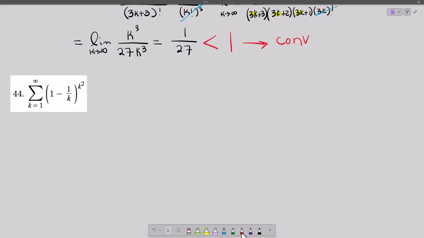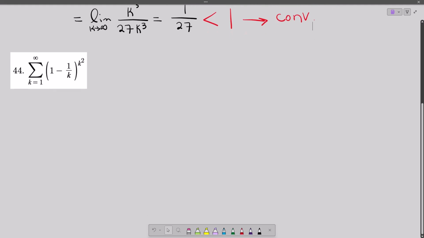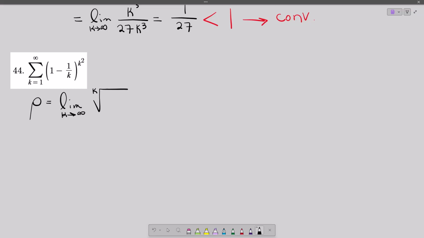But when we take the kth root here, let's use the root test. So the root test, they use rho for the root test, just to distinguish it from r for the ratio test. Greek letter rho, really. And we take the limit as k goes to infinity of the kth root of the absolute value of a sub k.